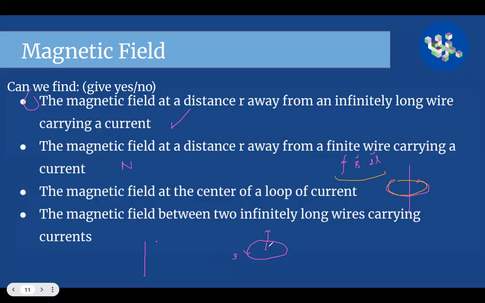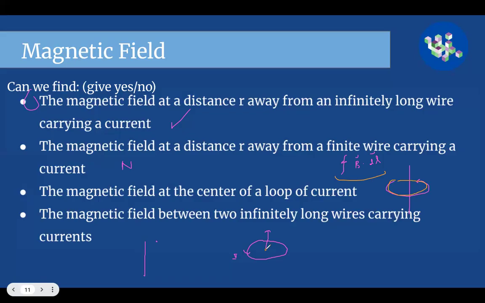Now, if I want to do the path integral, I need a non-zero path. The problem is, if I try to find the magnetic field at the center of a loop of current using Ampere's law, I need a path where the magnetic field is equal everywhere, otherwise it'll be a complicated path and it doesn't simplify the problem.